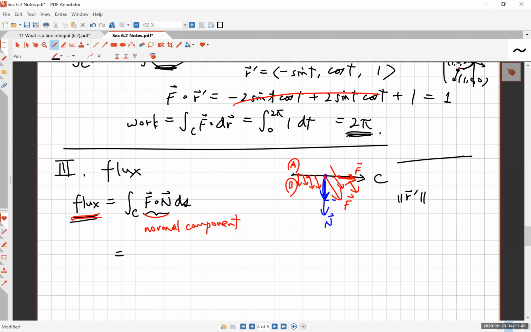Oh, by the way, I think I said this before, but in the wintertime the sun is at a lower angle, right? So the sun comes in like this, as opposed to way up here. And so the normal component is much smaller than in the summertime when the sun is higher.